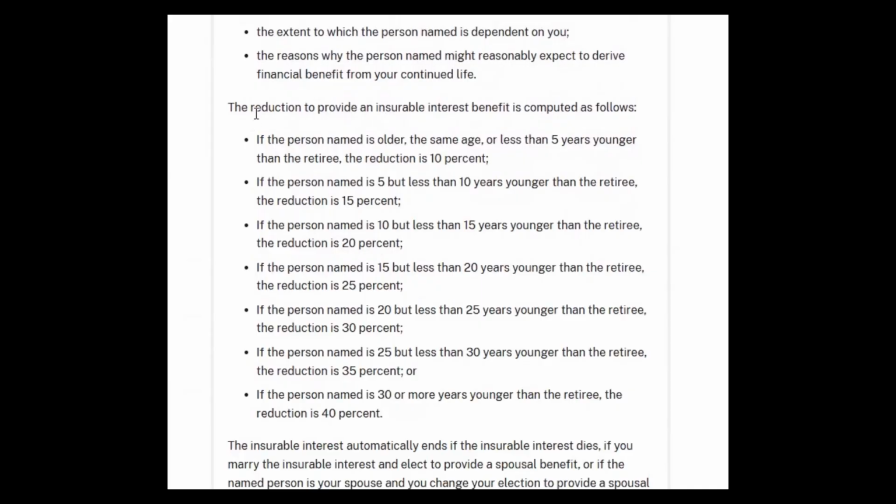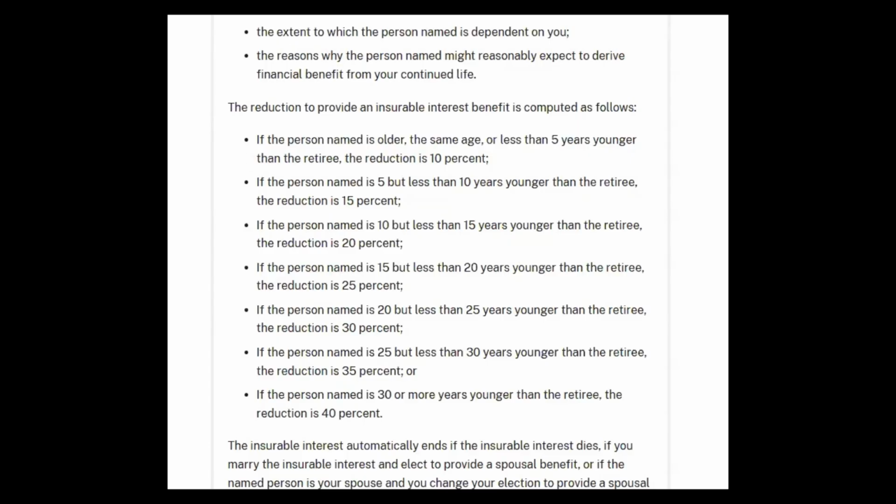So a medical examination will have to be done, and the amount that you have to pay for this benefit is insane, depending on the age gap between you and the person you're naming. I had a situation where their significant other was 20 years younger than them.